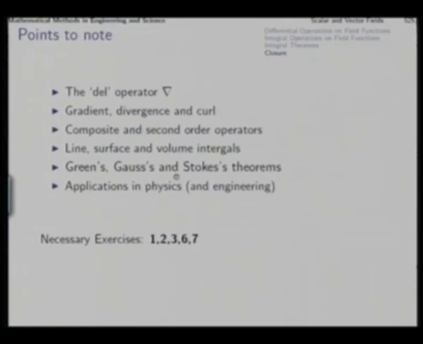Now, we consider one problem on parametric curves. This is actually the problem 17.6 of the textbook that we are following.